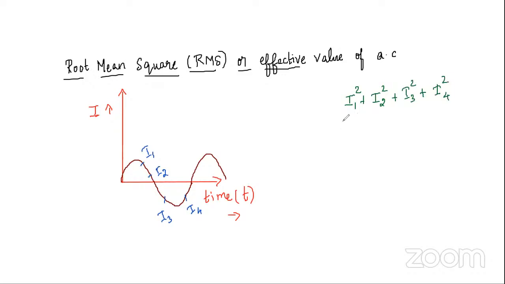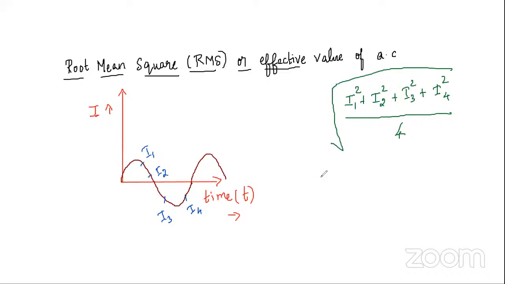I am considering the square, and I am finding out the arithmetic mean. Arithmetic mean means I have to divide this by the number of values, and when I take the square root of it, I will be getting the root mean square value. Here I have taken the average or arithmetic mean of the squares, and then I am taking the square root. So that is called root mean square value.